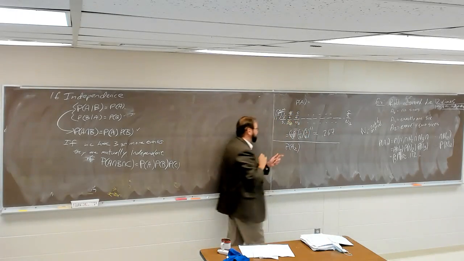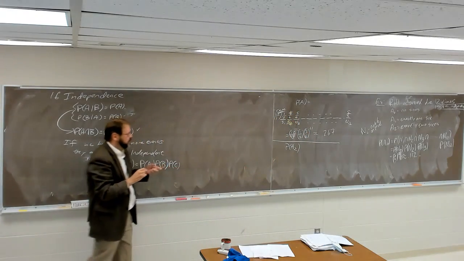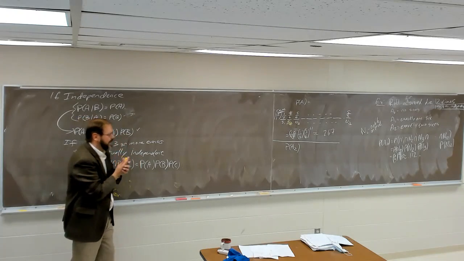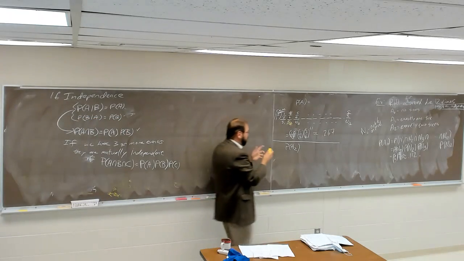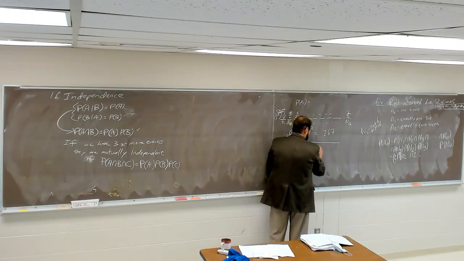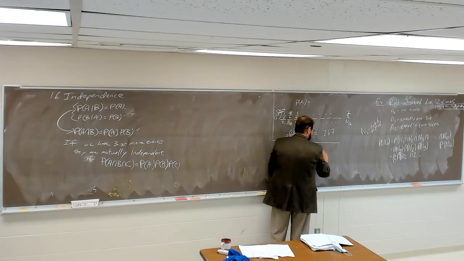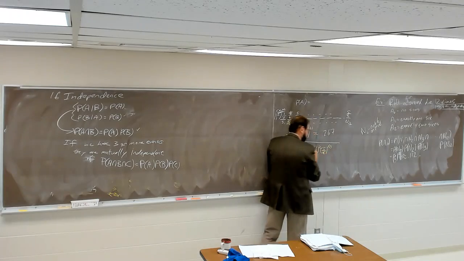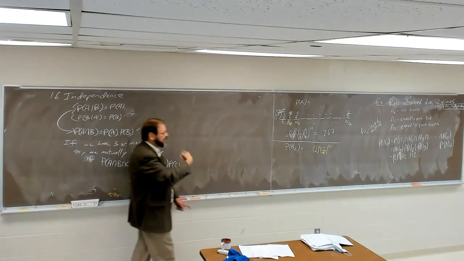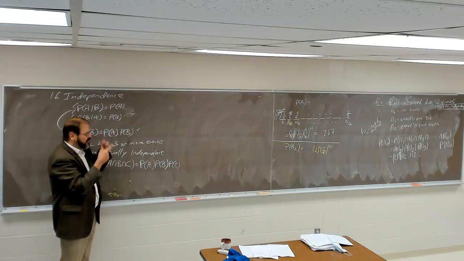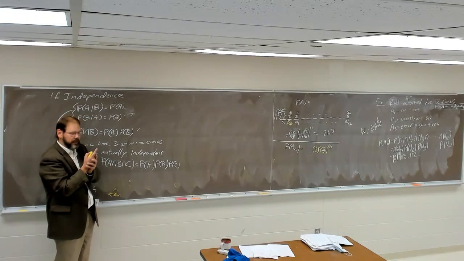And so that changes that to a 1, otherwise everything else looks the same. Which means we would have 1/6 squared, 5/6 to the 10th, would be the number of ways in which that particular case could occur.